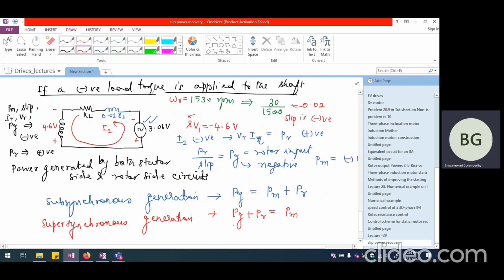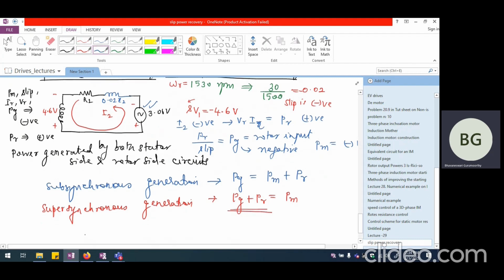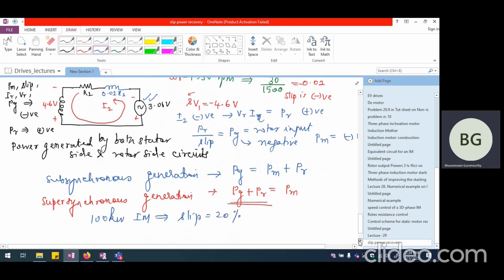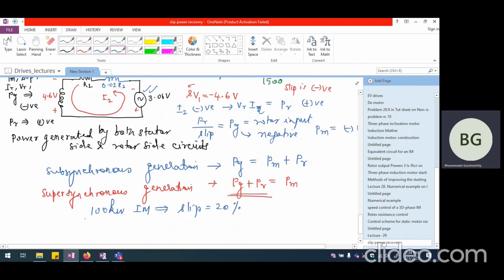So in this particular case, we can have the total power generated greater than whatever is the rating of the machine itself. If I am talking about a 100 kilowatt induction machine, and let us say the slip is something like 20%, then S times PG is going to be 20 kilowatt.